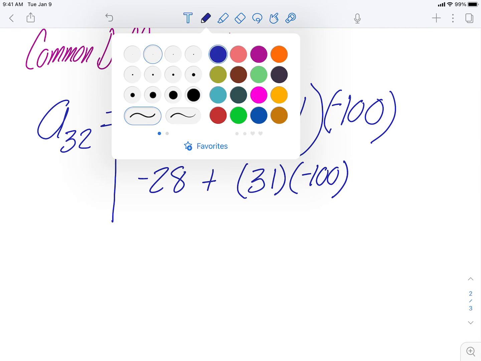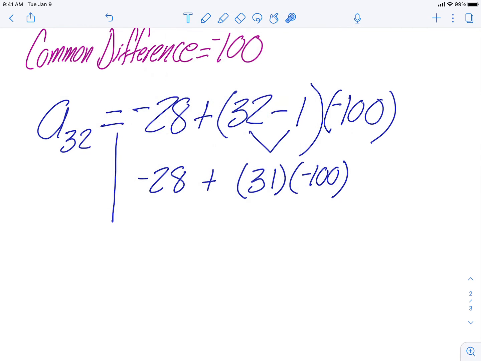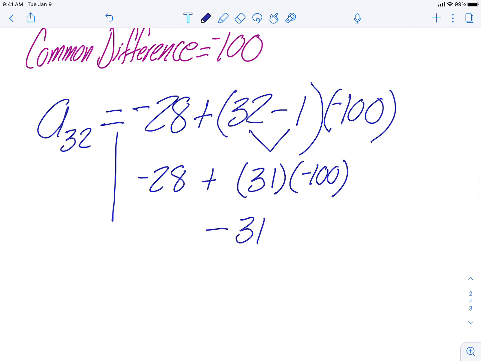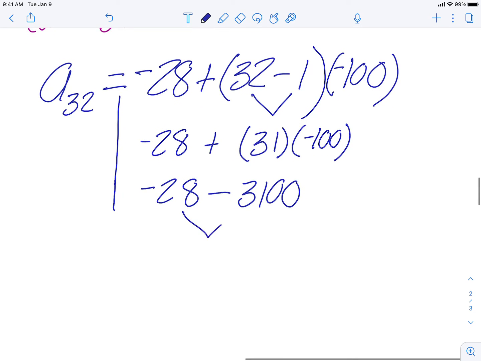Okay, then we're going to multiply 31 times negative 100, which gives us, positive times negative is negative 3,100. And then I bring down my negative 28. Well, negative 28 and negative 3,100 are the same signs. So I'm going to add them.